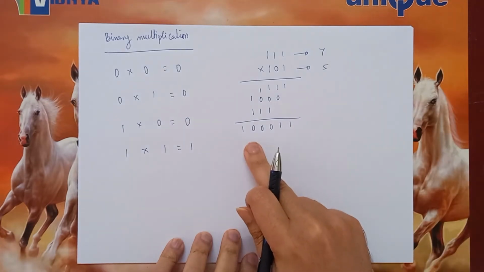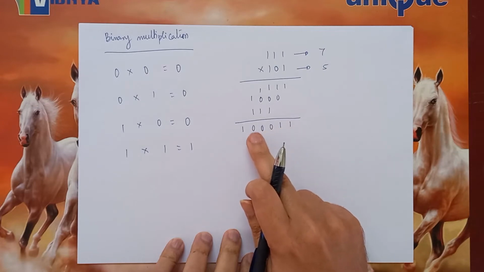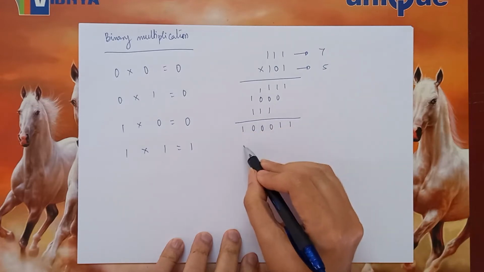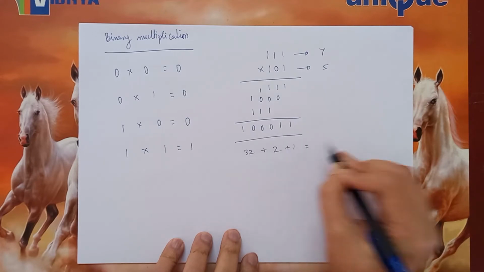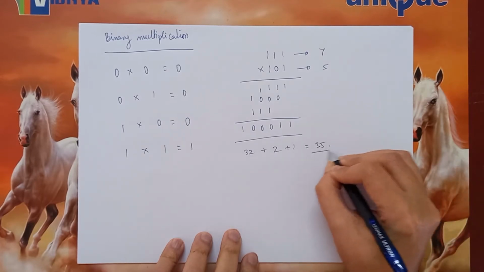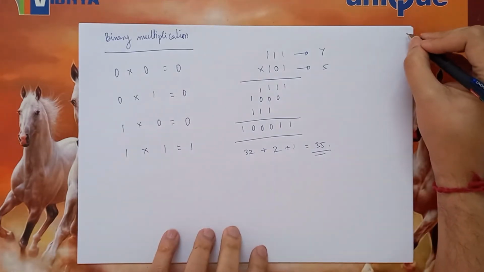And what is the answer? 1, 2, 4, 8, 16, 32. So this answer is nothing but 32 plus 2 plus 1, and that is nothing but 35, which is the answer.